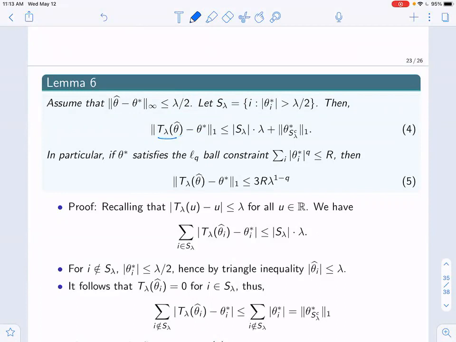And then if, let's say, theta star has an LQ ball constraint like this, then you could balance these two. This is very similar to what you perhaps did in a homework problem for the regression.